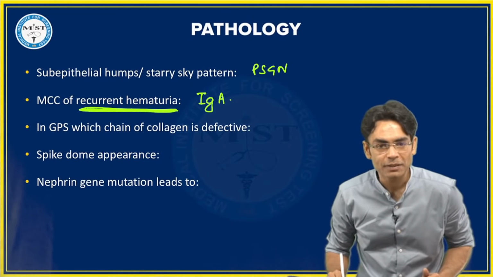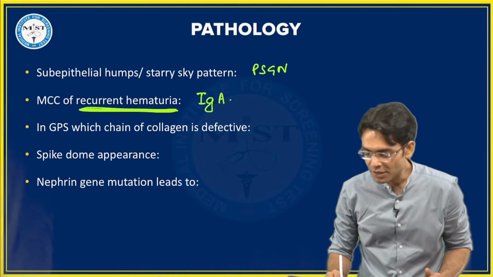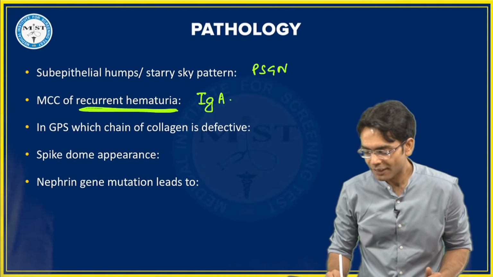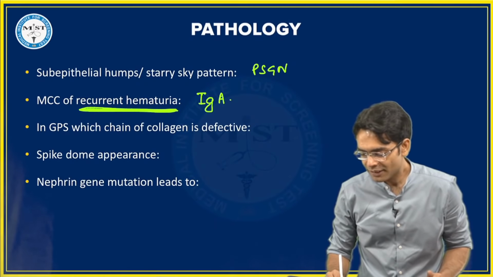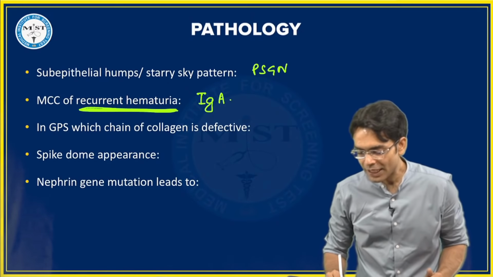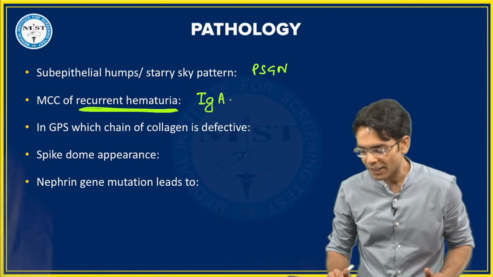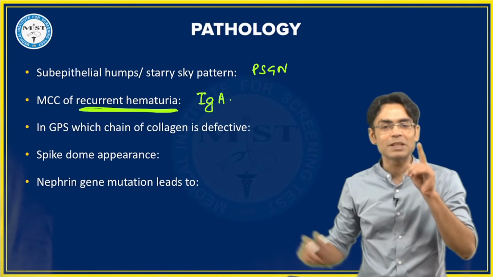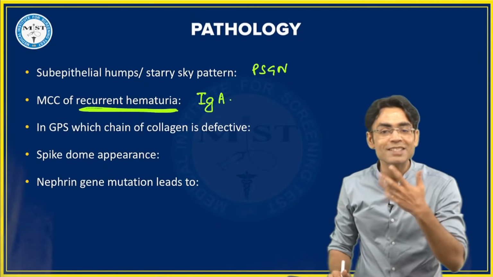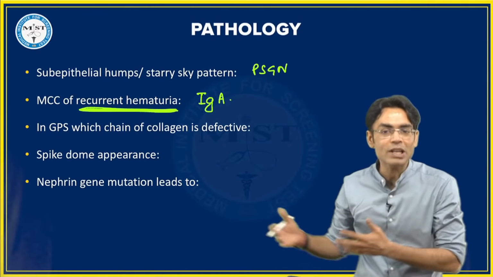IgA nephropathy. In Goodpasture syndrome, which chain of collagen is defective? Yes, Ishan, Prerna, Divyani, thank you. In Goodpasture syndrome, beta, which change comes? Beta, not minimal change disease. Beta, for recurrent hematuria it cannot be minimal change disease. Minimal change disease is more commonly nephrotic syndrome.